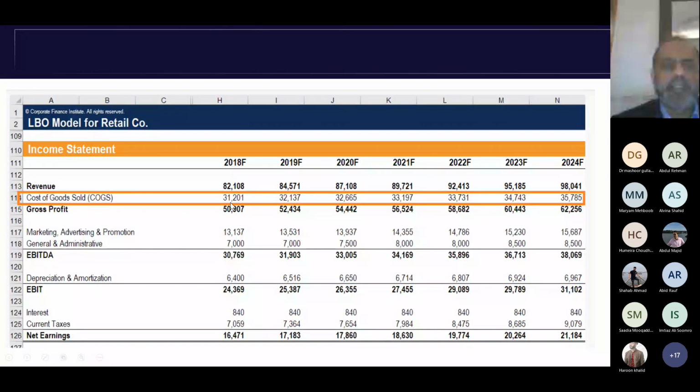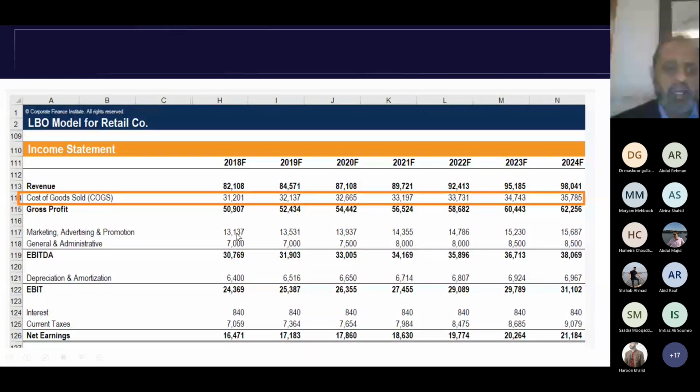Okay, and then if you have some expenses relating to advertisement and marketing and promotion, you take those out, and then you are spending something on general administration which you have not taken out here, so you have to take those out as well. So all the expenses that have occurred to get this revenue have to be taken out. This is your EBITDA.